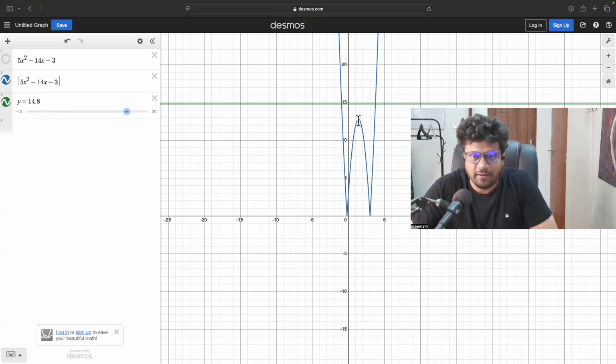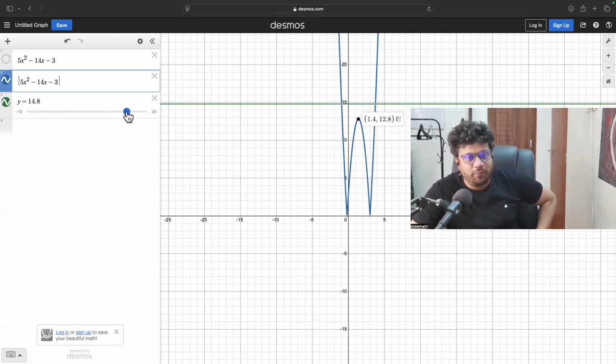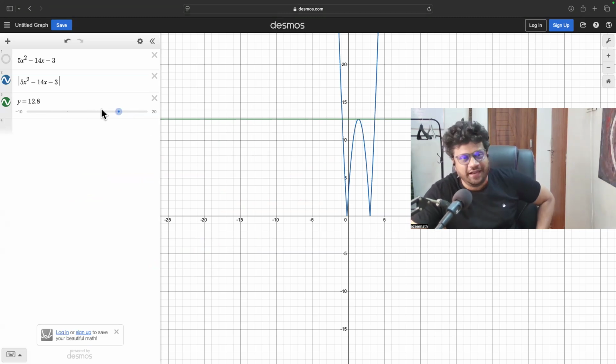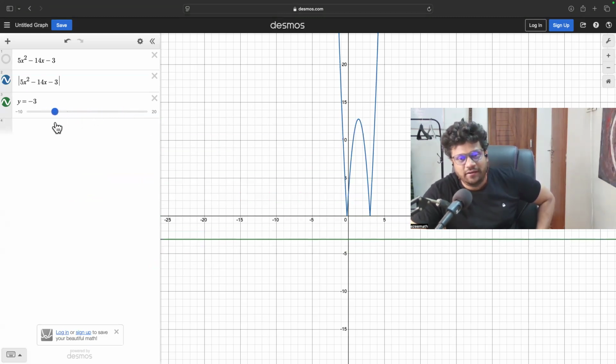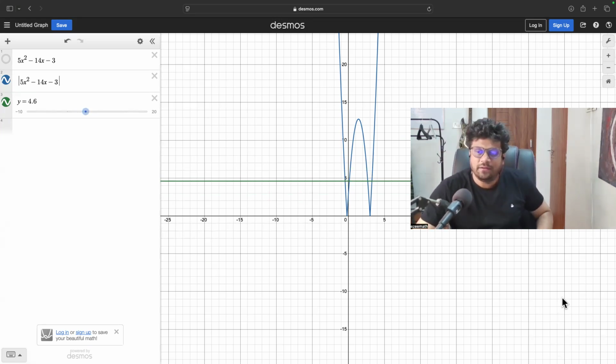There, look at that, 12.8. And the moment I bring it down to 12.8, you'll see, hey, there, three solutions instantly. And yes, anything below 12.8 and above 0, you'll see the line intersects the curve four times. There are four solutions. Okay, so that's about it.